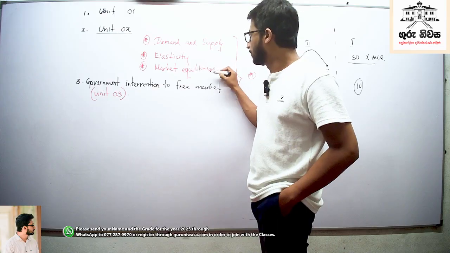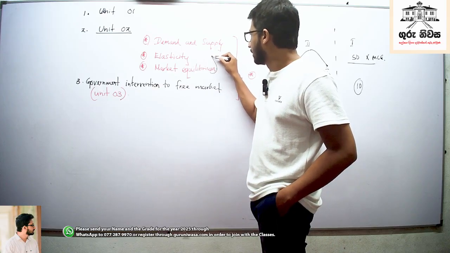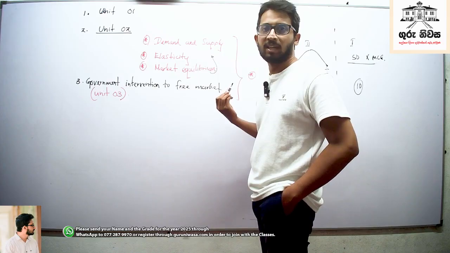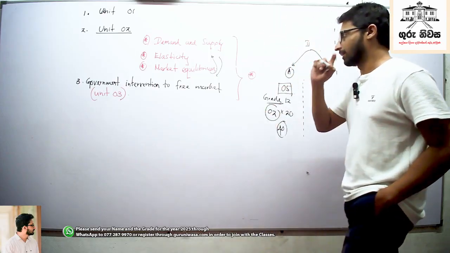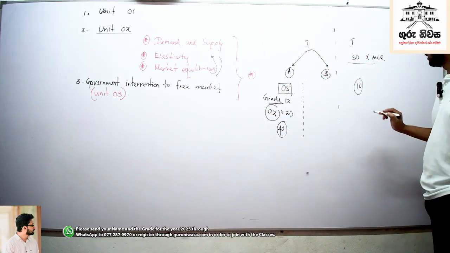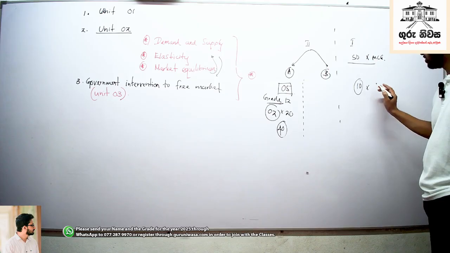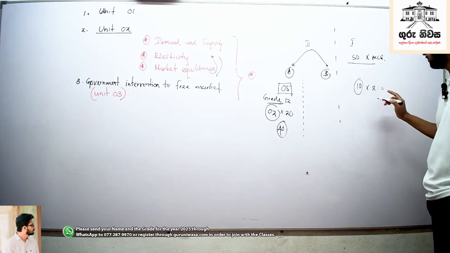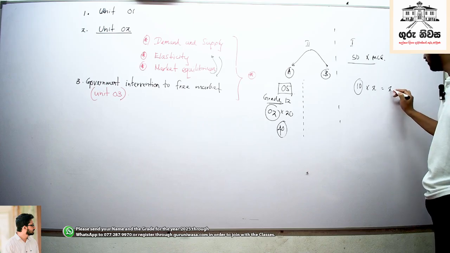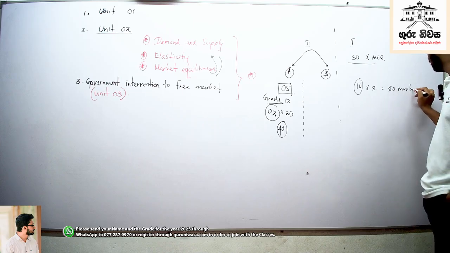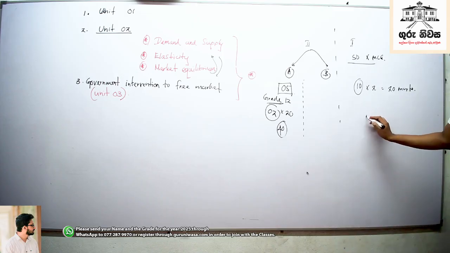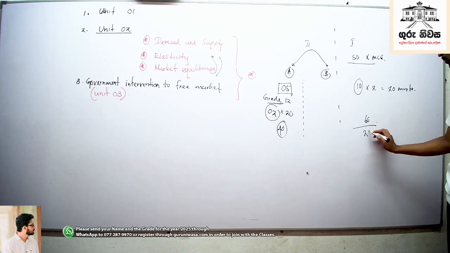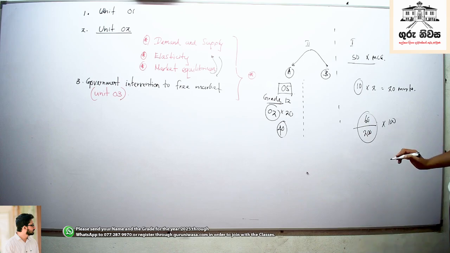But I do market equilibrium second, and elasticity third. Then 10 questions into 2 marks is 20 marks. Here 40 marks, here 20 marks, total 60 out of 200. You can calculate the percentage.